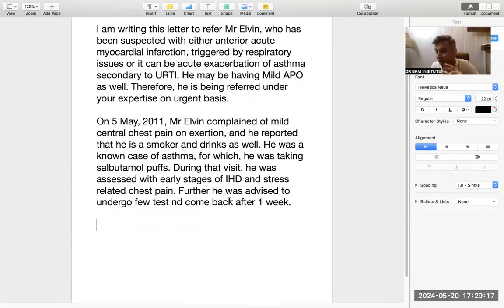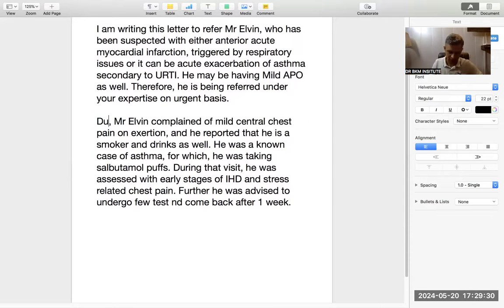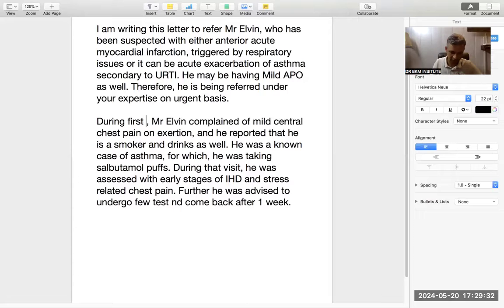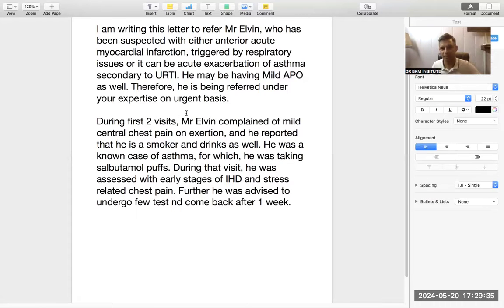And you will see the word count is still pretty high. Means if I want to leave something, I can, or I can mix up the first two visits. How come? We can also say during the first two visits, Mr. Elvin complained of mild chest pain, reported he was a known case of asthma.